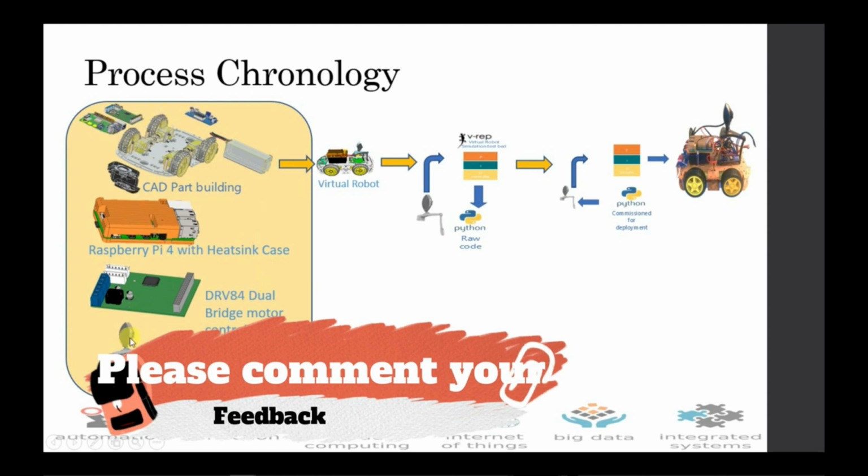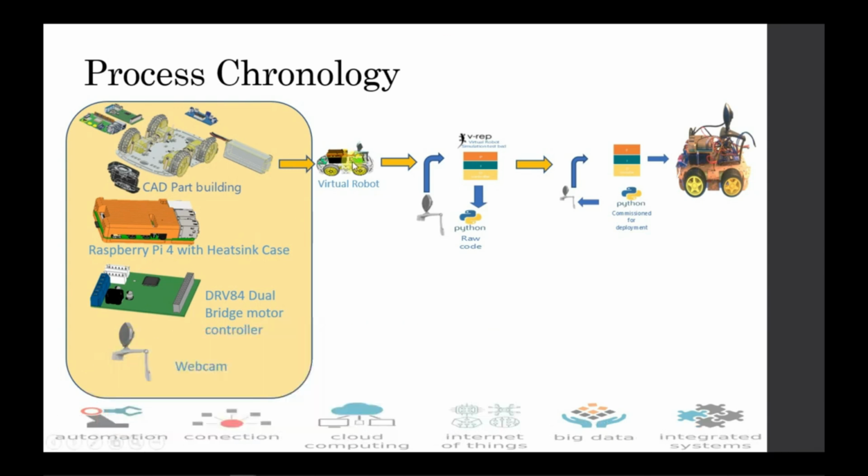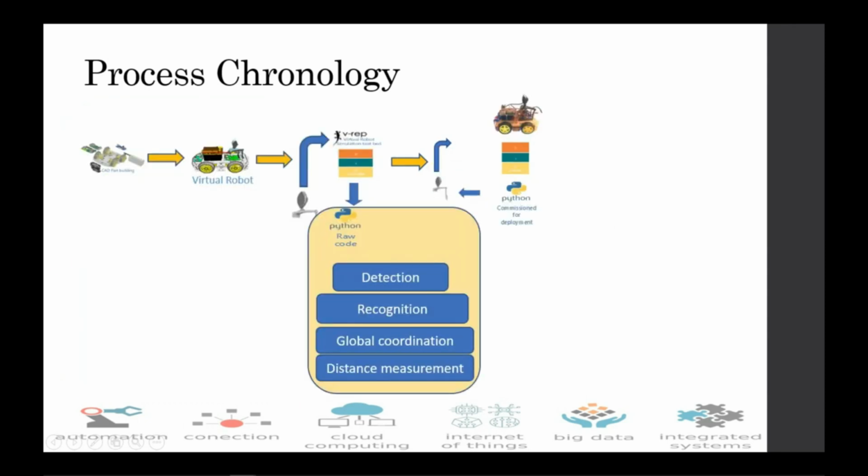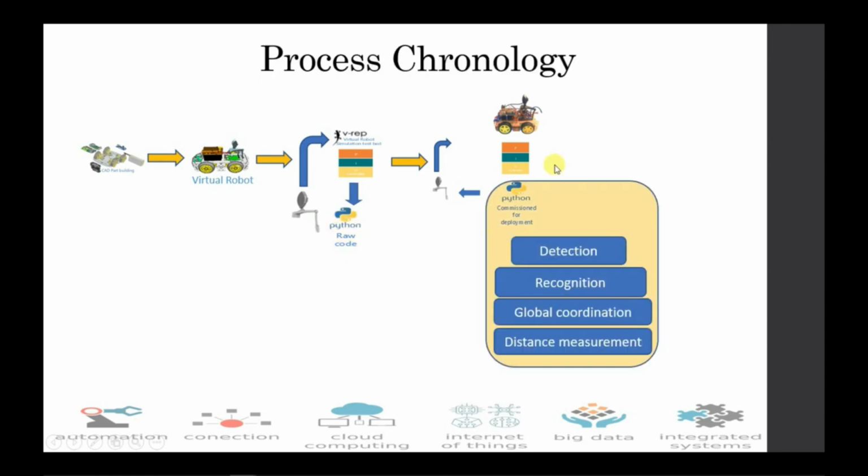I designed them all as CAD parts in Autodesk Inventor, converted them to STL file format, then transferred them to the virtual robotics software. Next, in the virtual robotics, I have to develop the following algorithms: detection, recognition, global coordinates, and distance measurement. When the program has matured, I transfer it to the physical real-life hardware.